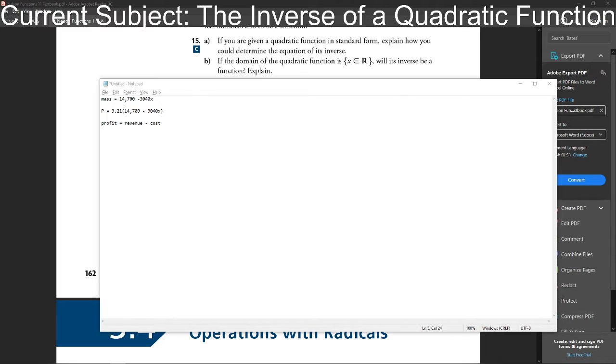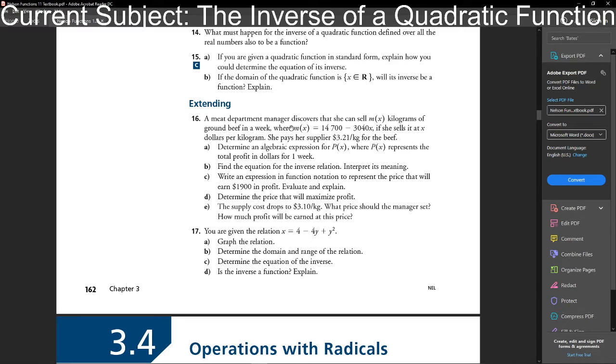So you're saying that sell price minus cost price. Oh, okay. If she sells it at X dollars per kilogram.